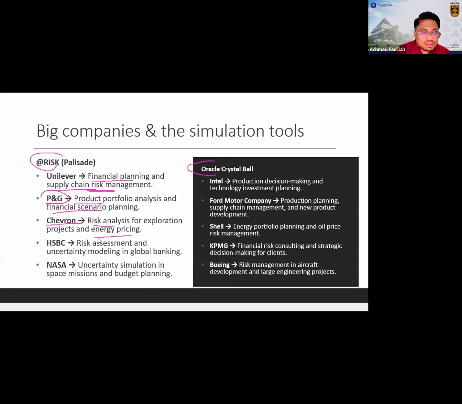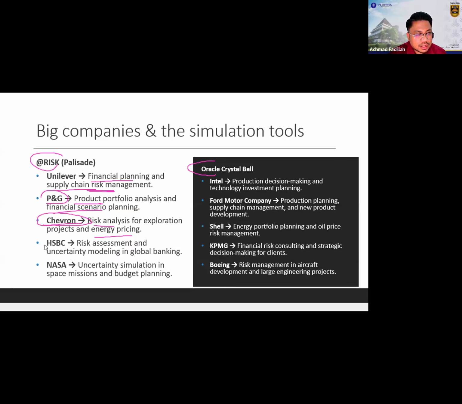You can imagine, you can use this kind of simulation modeling to calculate the benefit of the energy pricing, even if there's war or some geopolitical things, and how they impact your business, especially if you work in a fuel company.